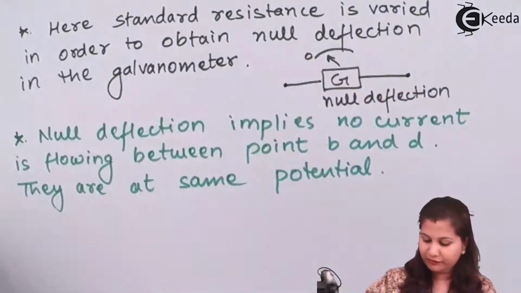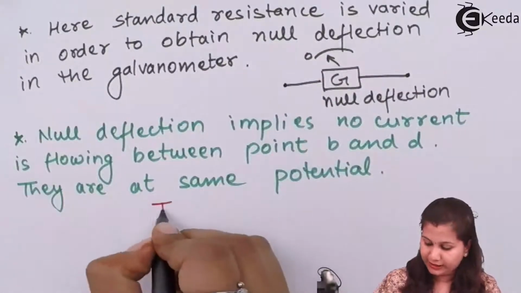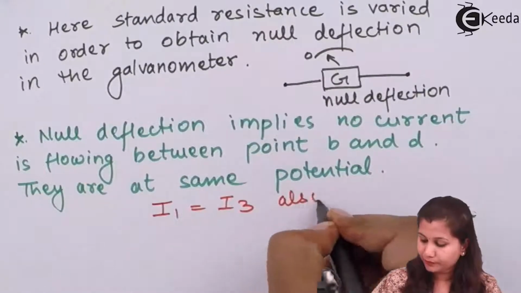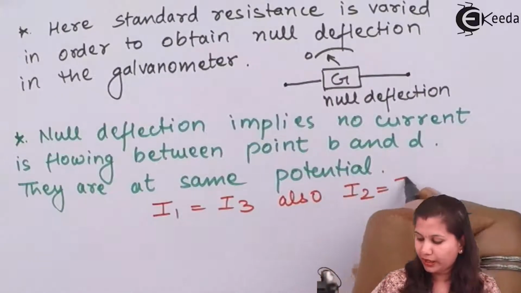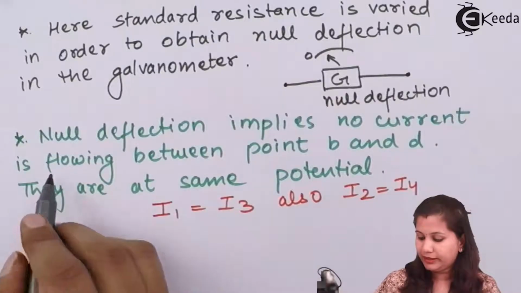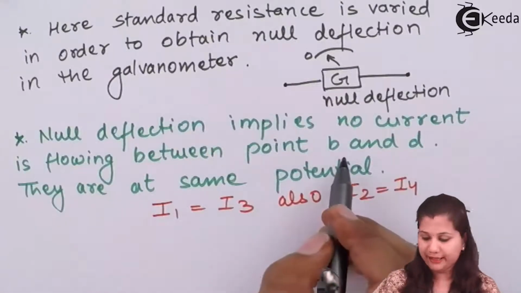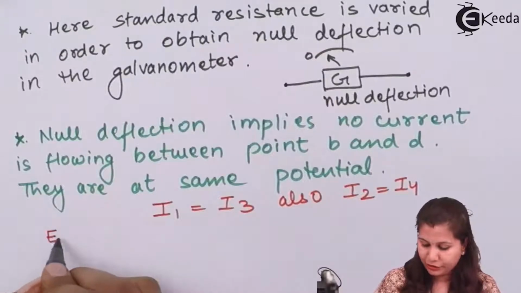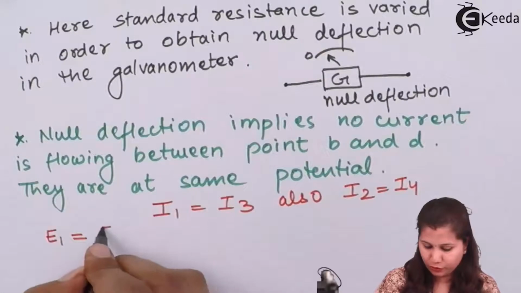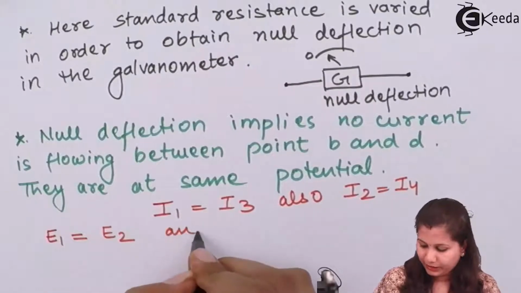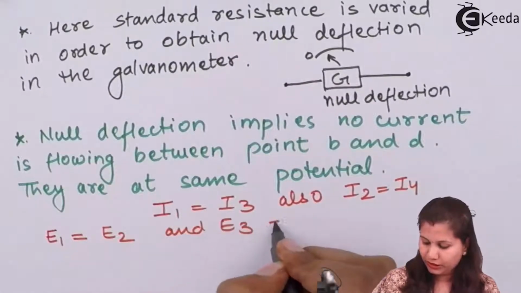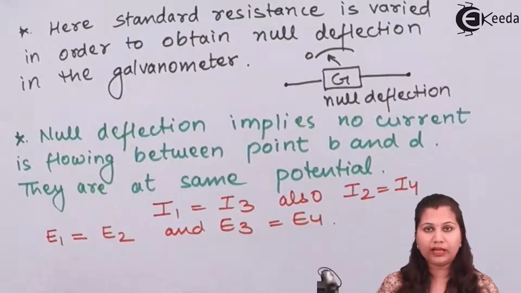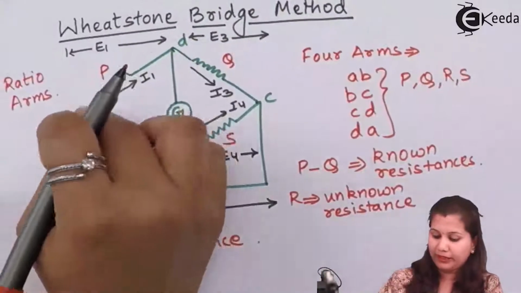So we can say that we have got one equation, that I1 is equal to I3. Also, I2 is equal to I4, because these points B and D are at the same potential. Again, we can say that the potential drop E1 is equal to E2 and E3 is equal to E4. Now, what is the value of E1, that is the voltage drop between A and D?